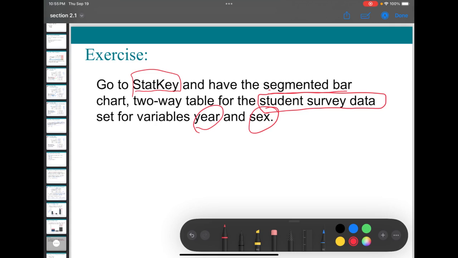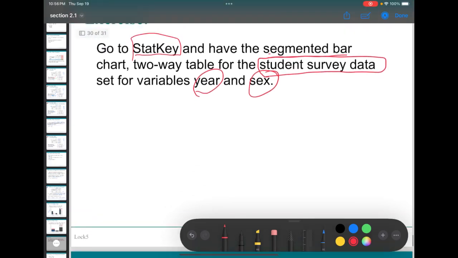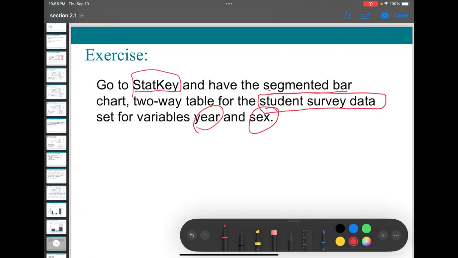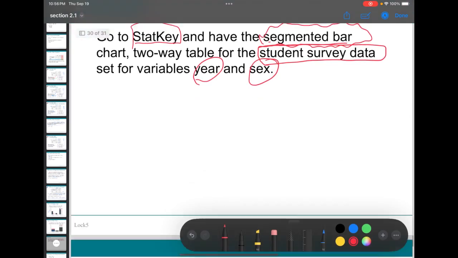Once you go to StatKey, in the first column, click on two categorical variables, and then from the dataset drop down menu in the left corner, you can find student survey data, and from there try to draw this segmented bar chart. All right.